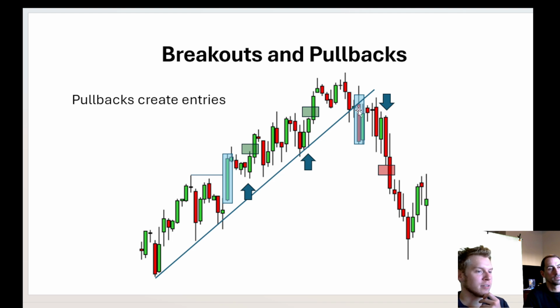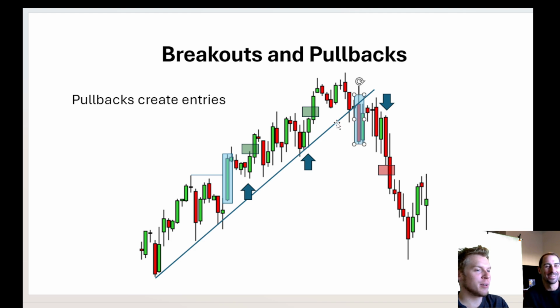Over here, we have this big bear bar. So I'll ask you, what is this bear bar breaking out of? The support, or is it like a? I'm sorry, I don't know.